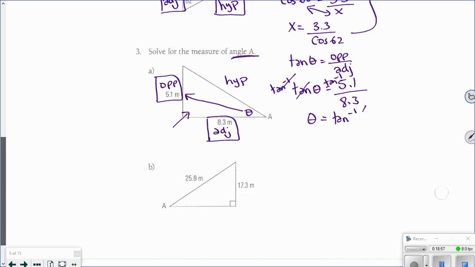What that means is, on the opposite side, we get tan negative 1 of 5.1 divided by 8.3. And in this case, our angle is going to be 32 degrees. Okay, so second tan on your calculator, 5.1 divided by 8.3.